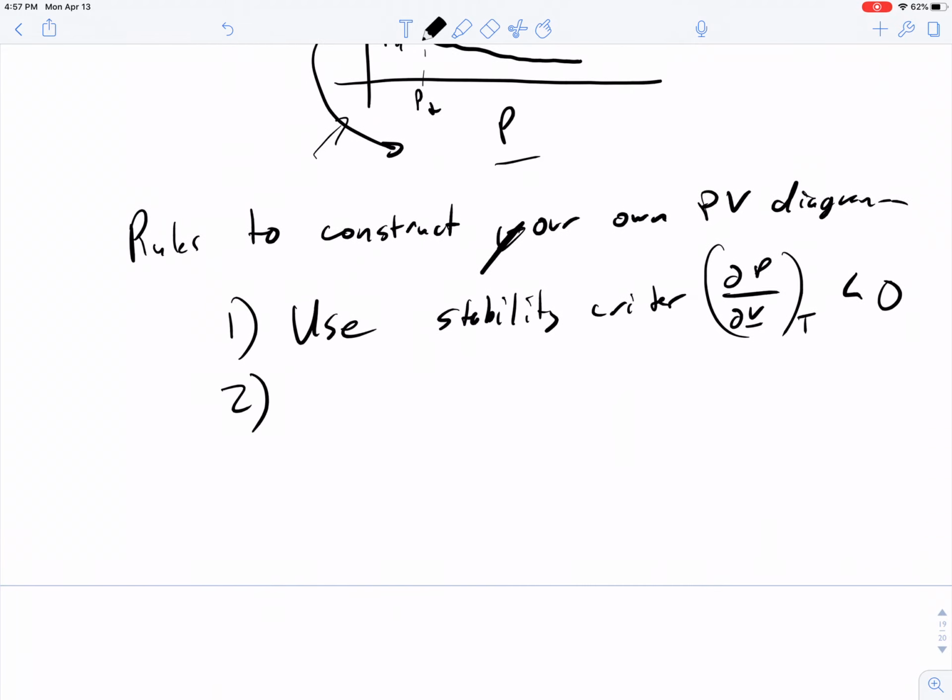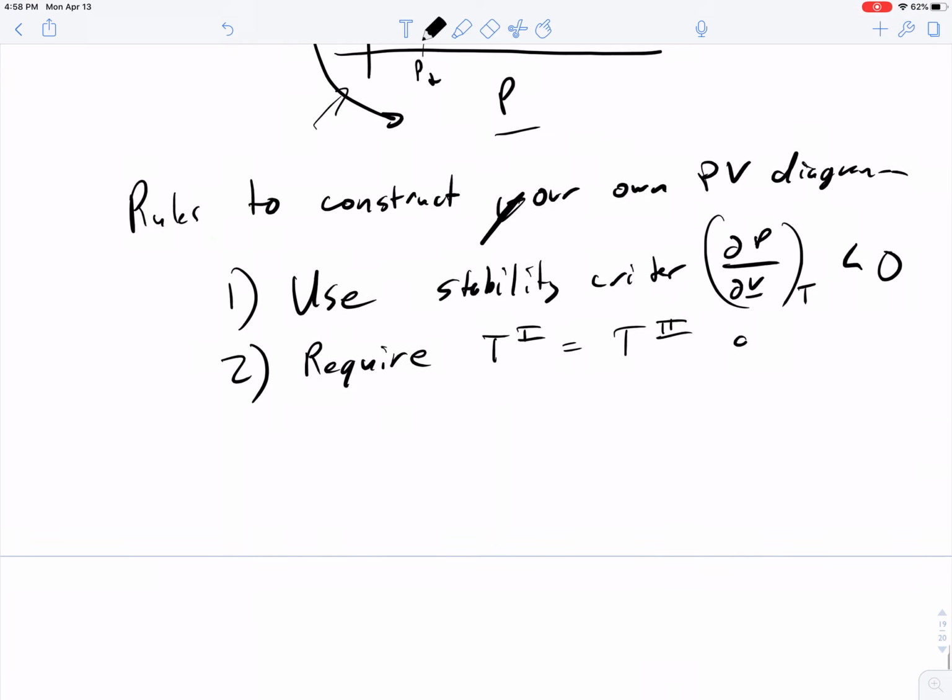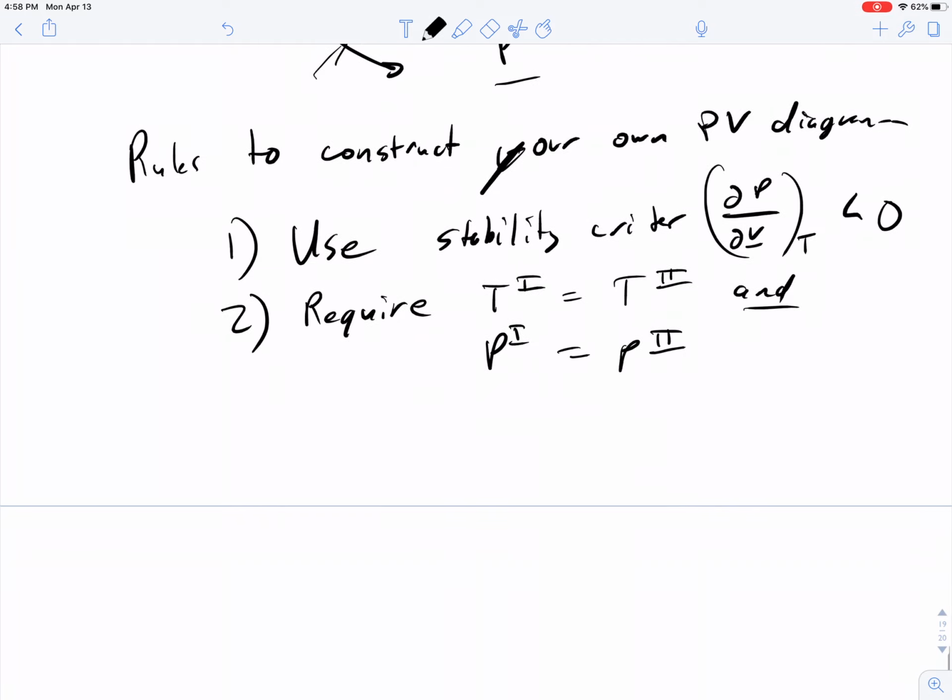2, in your simulation, is also an obvious one, but require that in your two partitions, temperature 1 is equal to temperature 2, and pressure 1 is equal to pressure 2. So draw a line straight across.